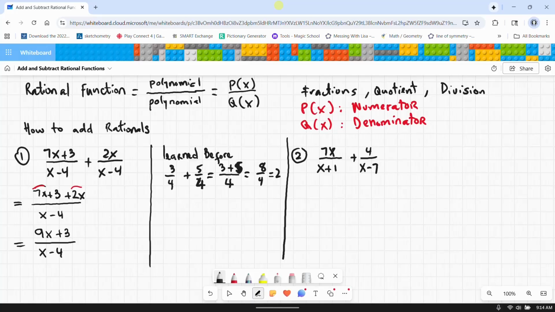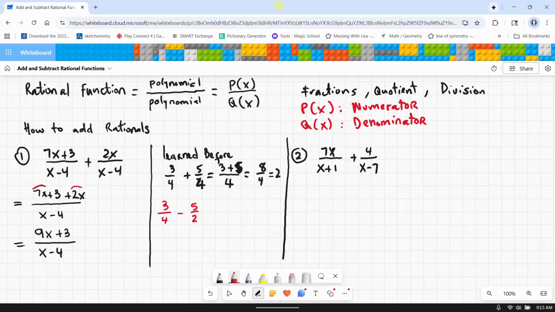So now we have two different denominators. What we learned before is that if we have two different denominators, we need to have a common denominator.